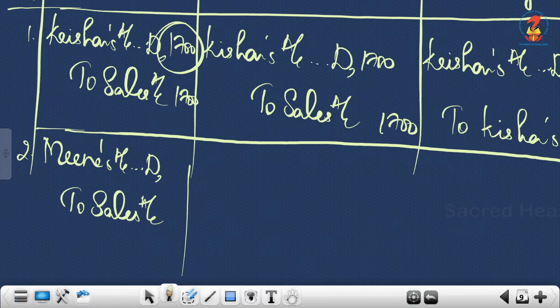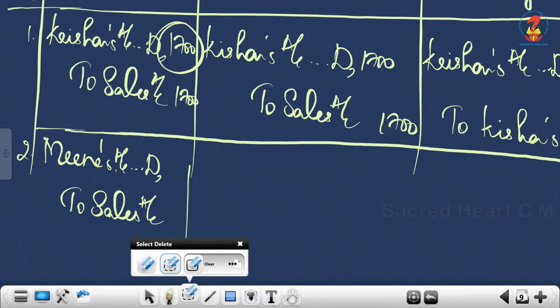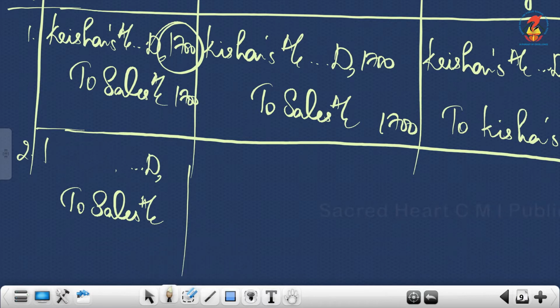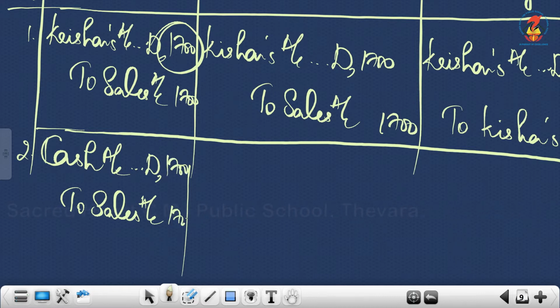Okay, it is cash sale, so no need to write that person's name, you just correct it. Since it is cash sale, that means cash transaction, you can write cash account debtor to sales account. The amount is 1,700 and it is said that we have credited it to Meena's account.